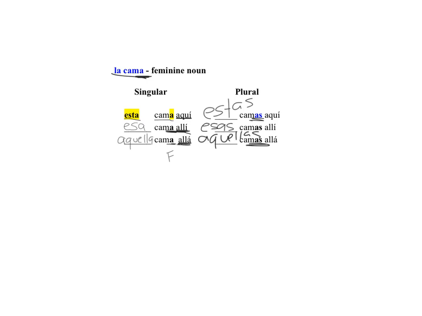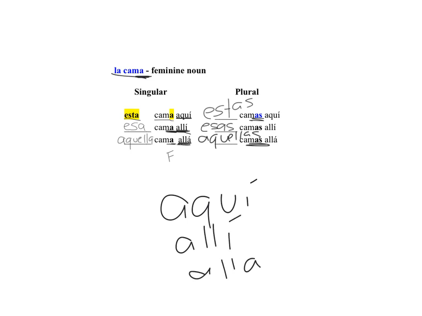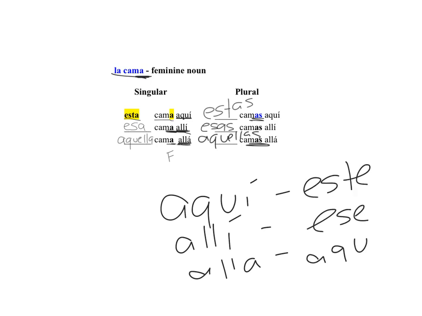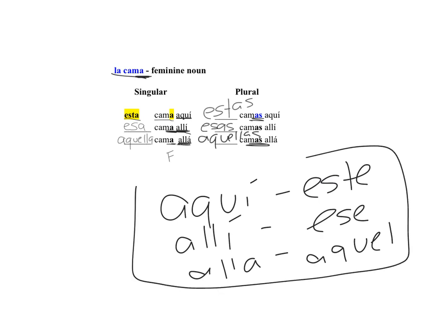So really what's important is knowing aquí, allí, allá. And what I try to do is I only try to memorize the first one and know that there's three more parts. So I always say este, ese, aquel. And then from here, I know that there's many different forms.